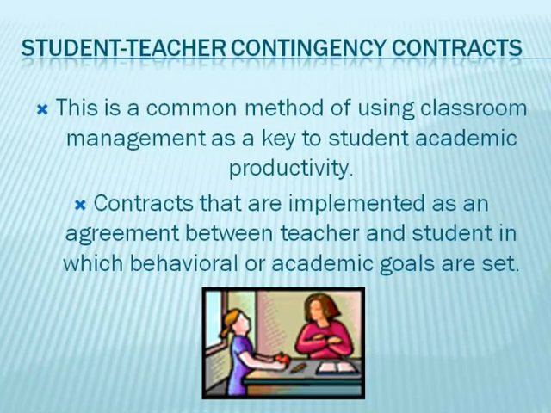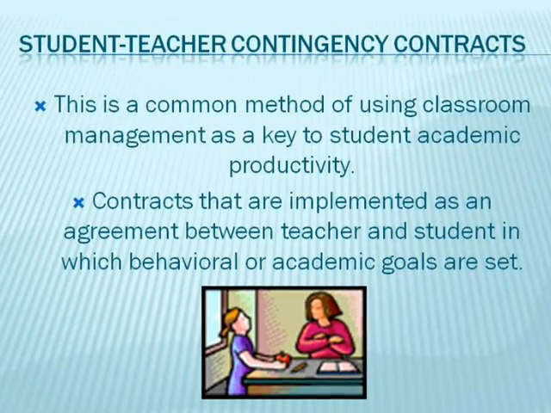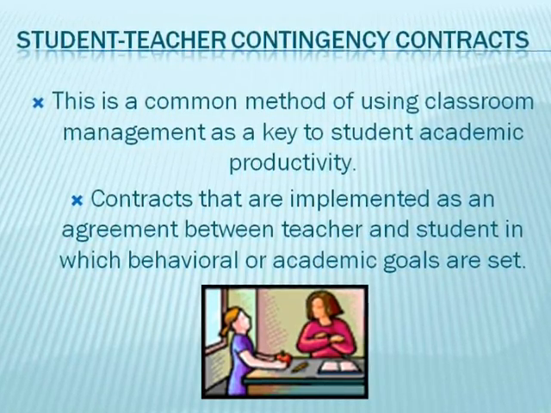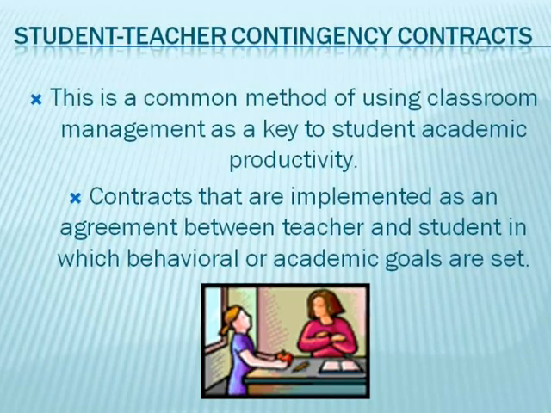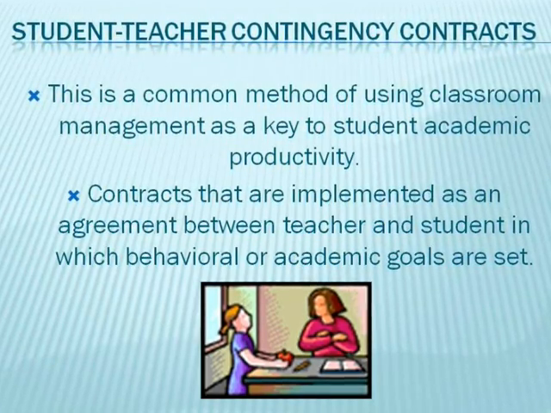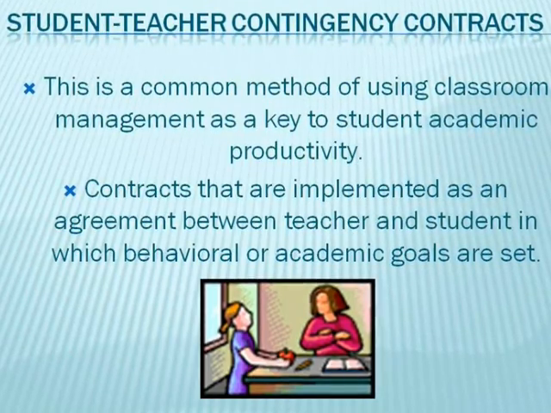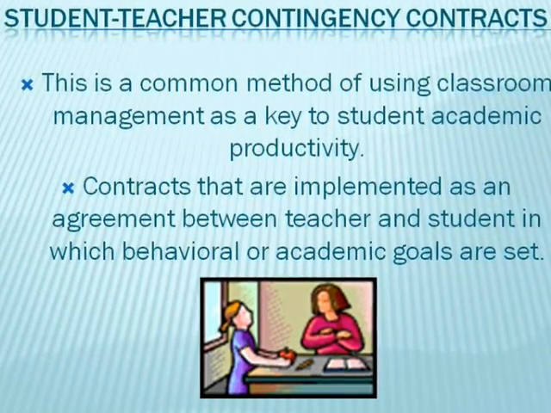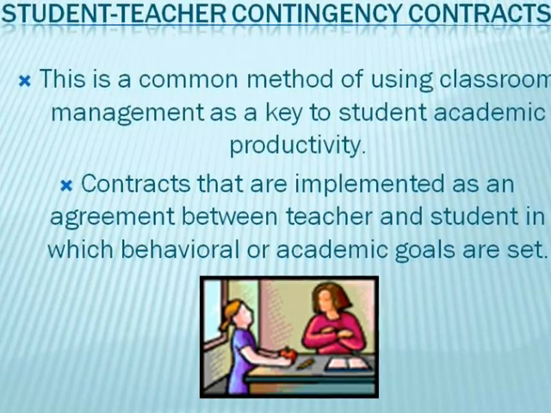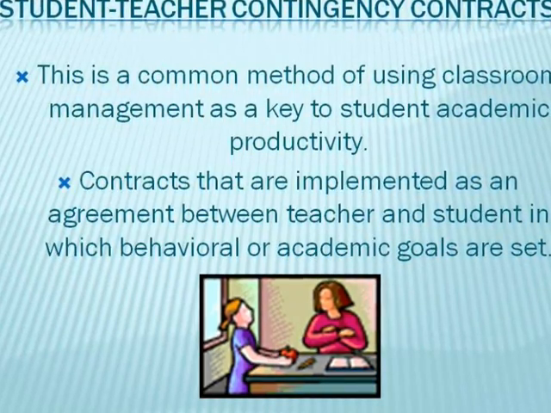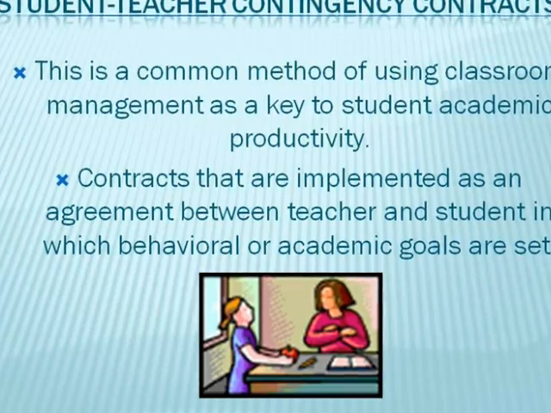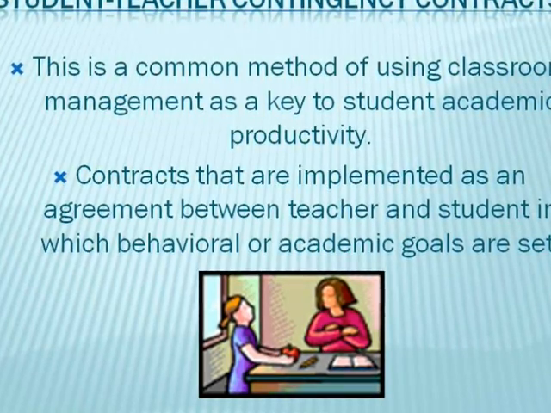As far as student-teacher contingency contracts go, this is a common method used in classroom management and is a key to student academic productivity. These are contracts that are implemented as an agreement between teacher and student. This may include behavioral or academic goals that are set.